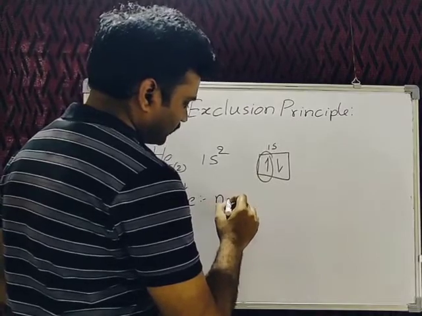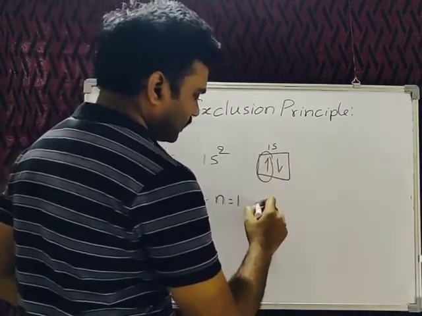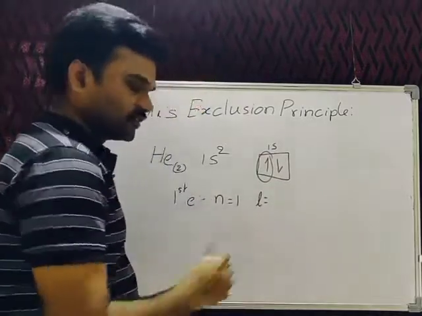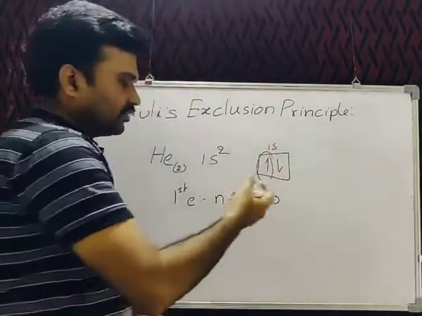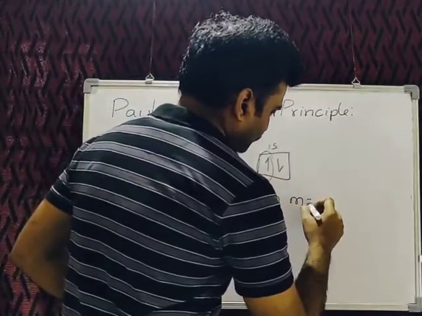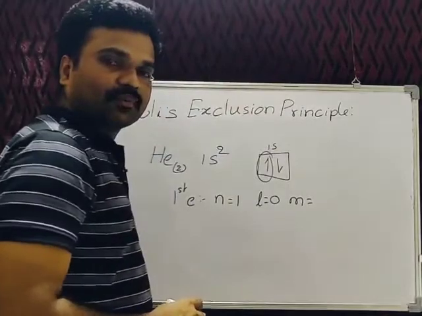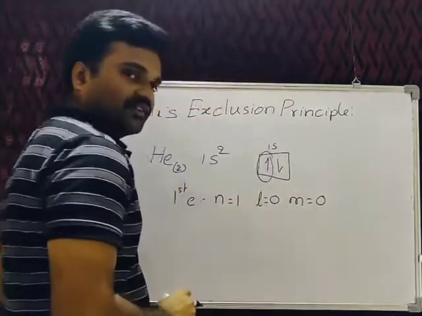The n value for this electron will be 1, as it is in the first shell. The l value will be 0, as we know. For the electrons present in the s subshell, the l value, or azimuthal quantum number value, will be 0, and the m value, the magnetic quantum number, is also 0 for this electron, because the l value itself is 0.